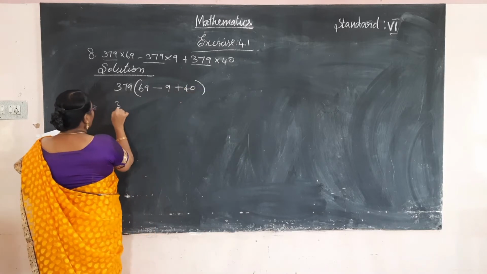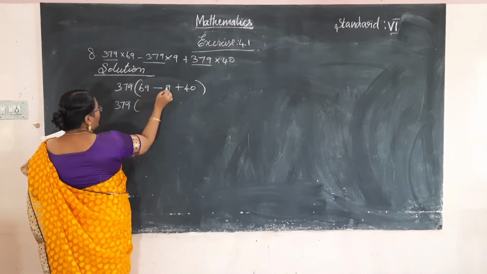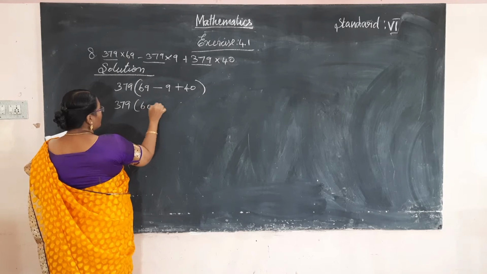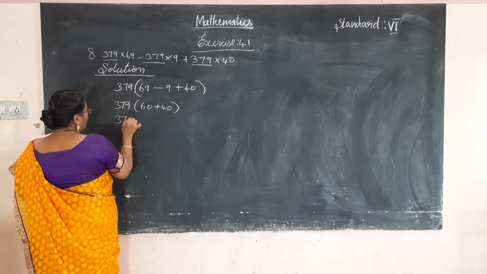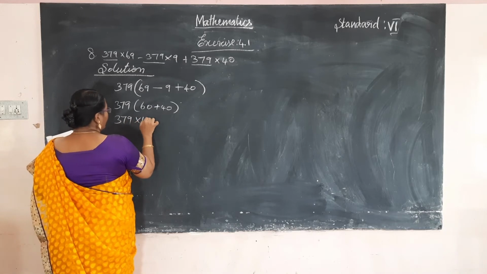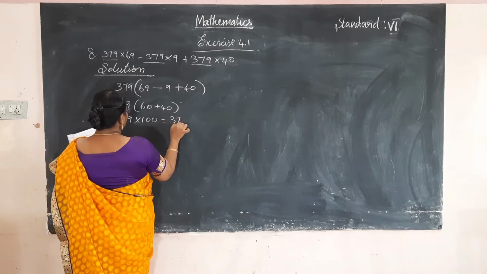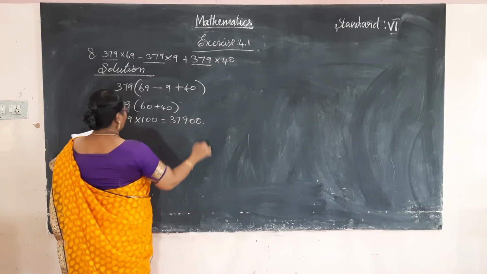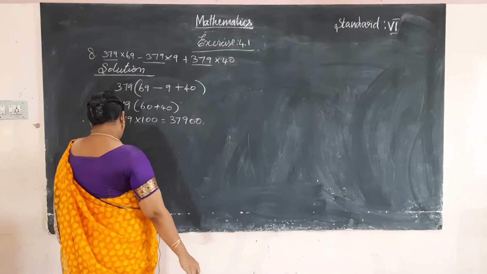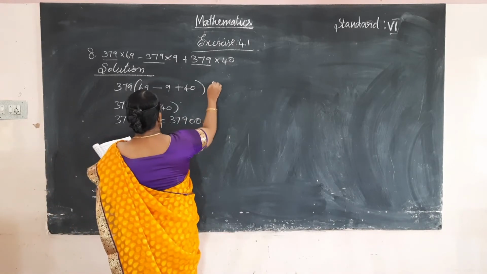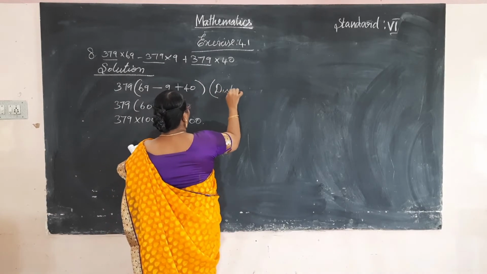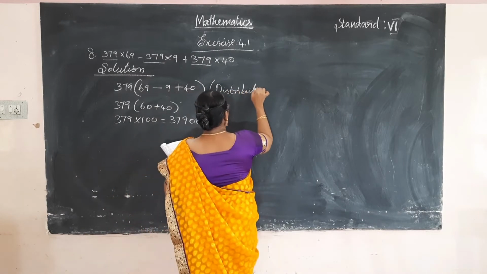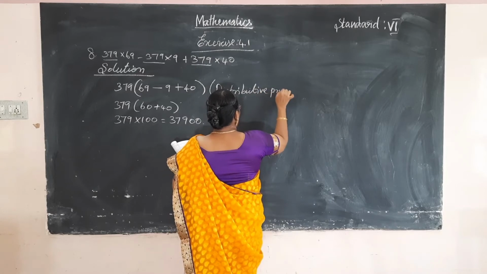So 379 into (60 plus 40), which is 379 into 100, equal to 37,900. So which property have we applied? The distributive property.